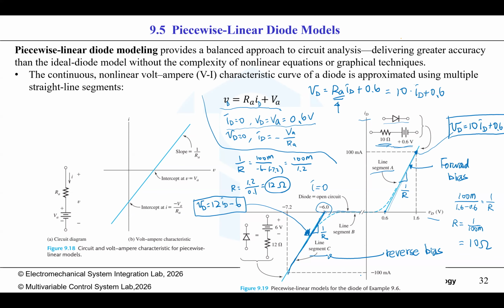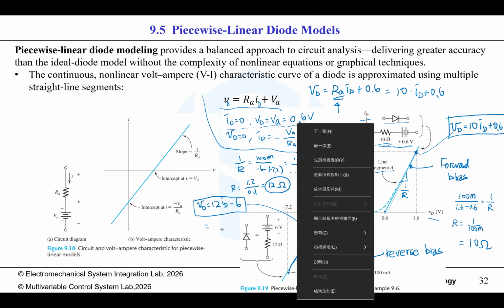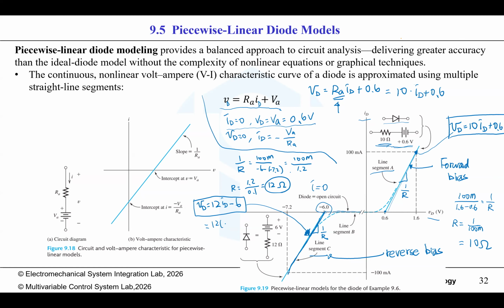We double check when ID is minus 100 mA, which is 0.1. So this is 12 times minus 0.1 minus 6 equals minus 7.2. So that is correct, this is this point, right? So we find the equation for this reverse bias.